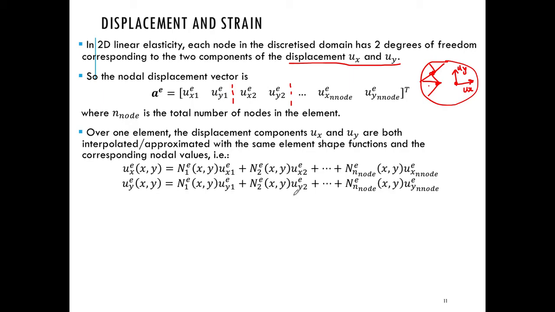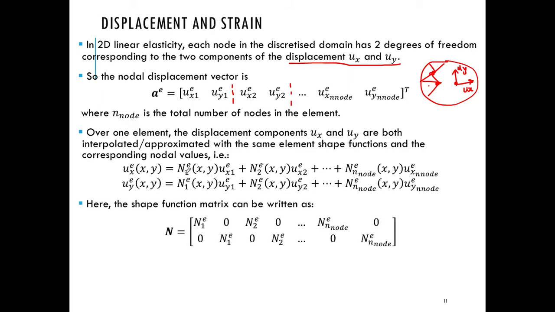I can write this down more compactly by representing my shape functions also in matrix format. But in this case, the matrix I need to introduce is something like this, where I have N1. It has two rows, and that's what's important from our previous examples. So it has two rows, and this time I have N1 0, 0 N1 again right here, and then N2 0, 0 N2.